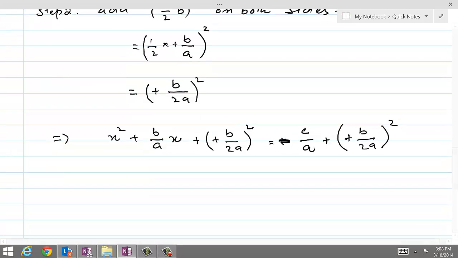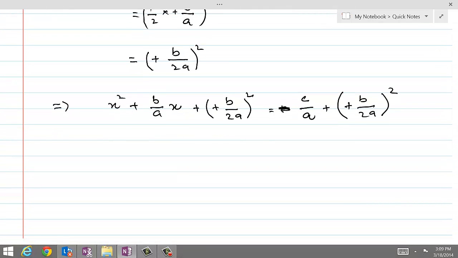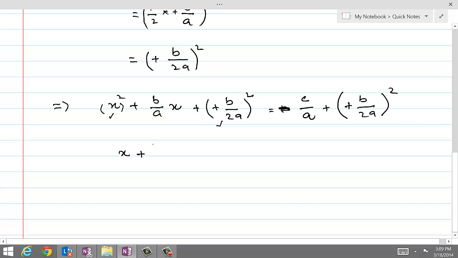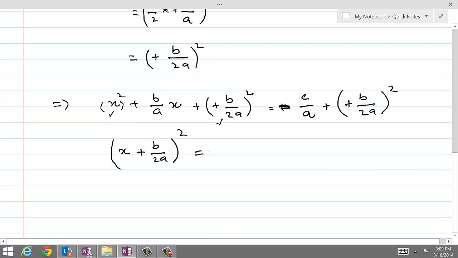We know that adding the same quantity on both sides of the equation doesn't change anything. We also know that the left hand side is now a whole square of two terms, x and plus b over 2a. This is equal to, if we simplify the square term on the right hand side, b square over 4a square minus c over a.